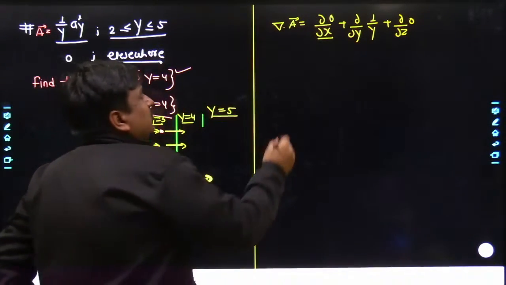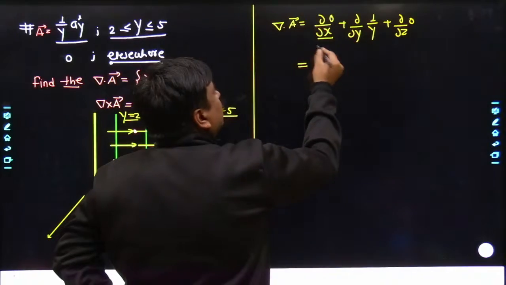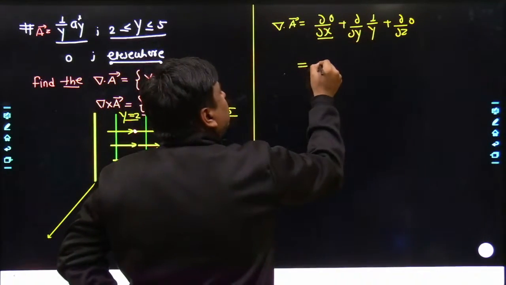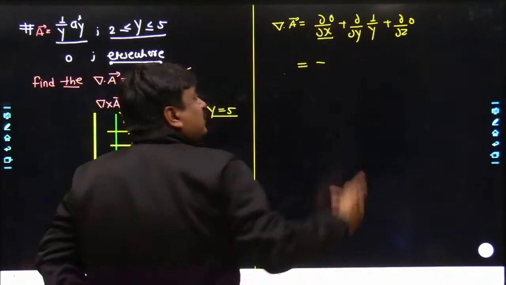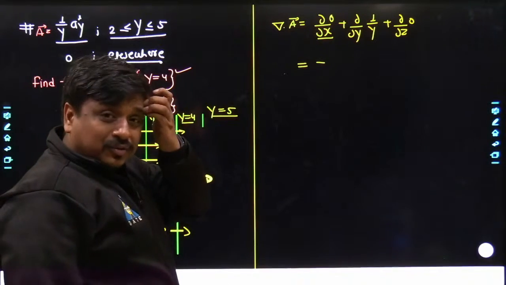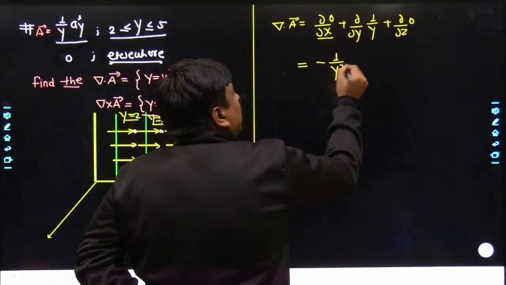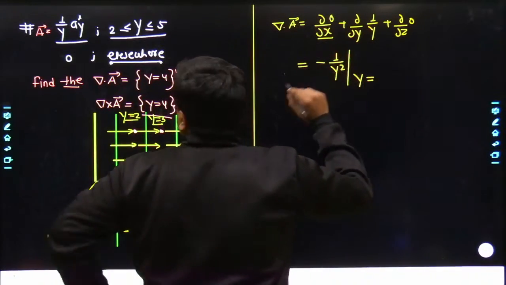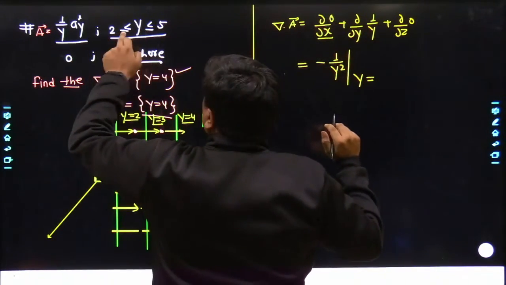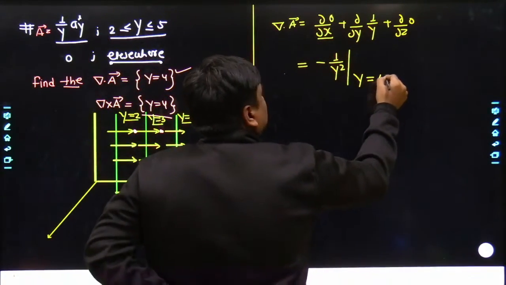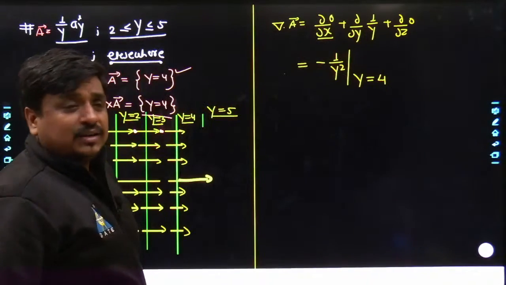Agreed? And the result which we get is simply going to be 0 plus the partial differentiation of y to the power of minus 1, which is minus 1 divided by y square. Now you can keep y anything in between 2 to 5, and here I pick the value y equals 4.